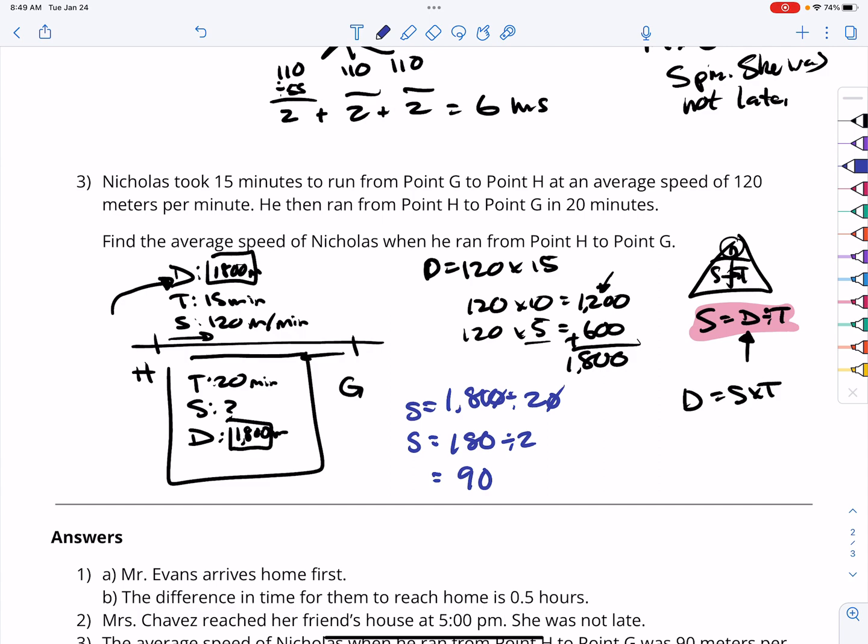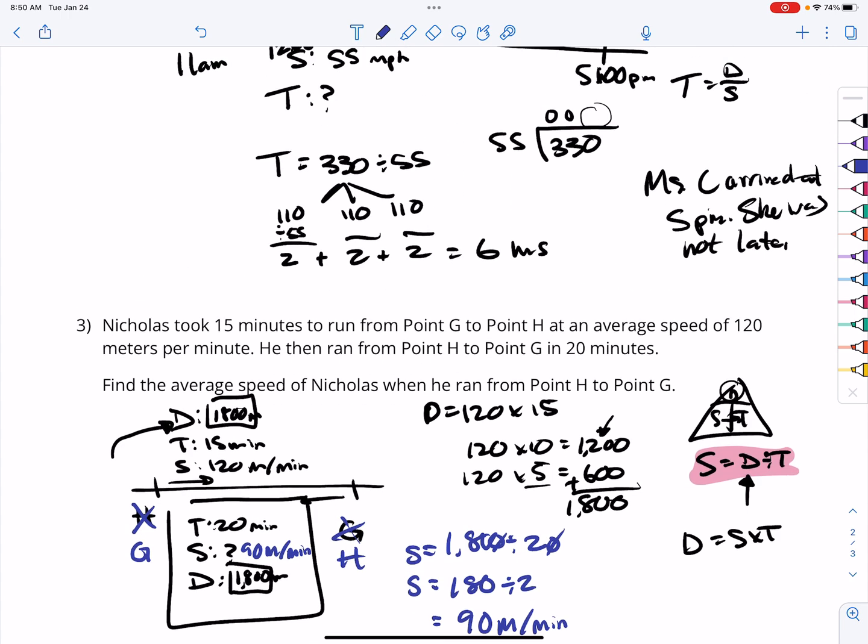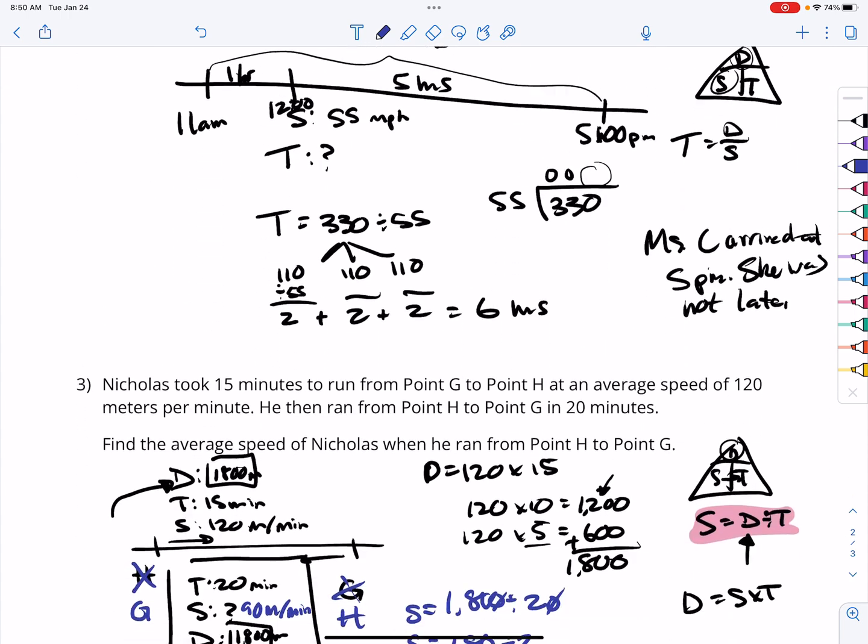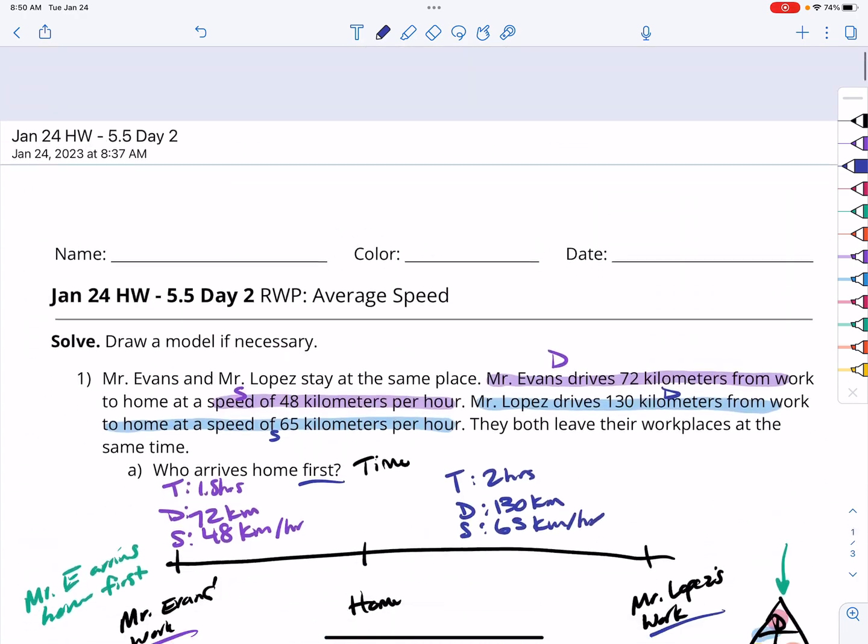Wait, I had these flip-flopped the whole time. That's supposed to be a G. That's supposed to be an H. Oops, sorry about that. So Nicholas's speed returning is 90 meters per minute. Awesome. So hopefully that is the work that you got. If you have any questions, rewatch the video, pause it, or you can check out your workbook for Chapter 5, Lesson 5.